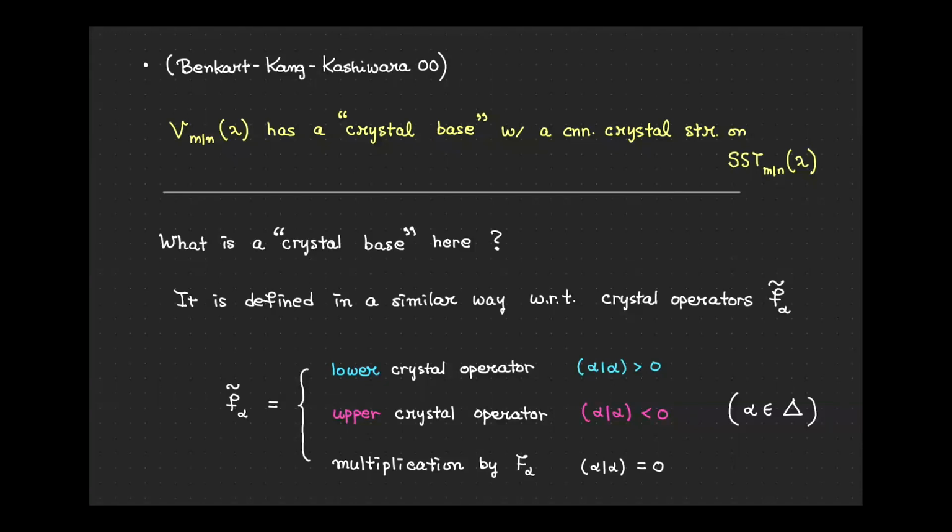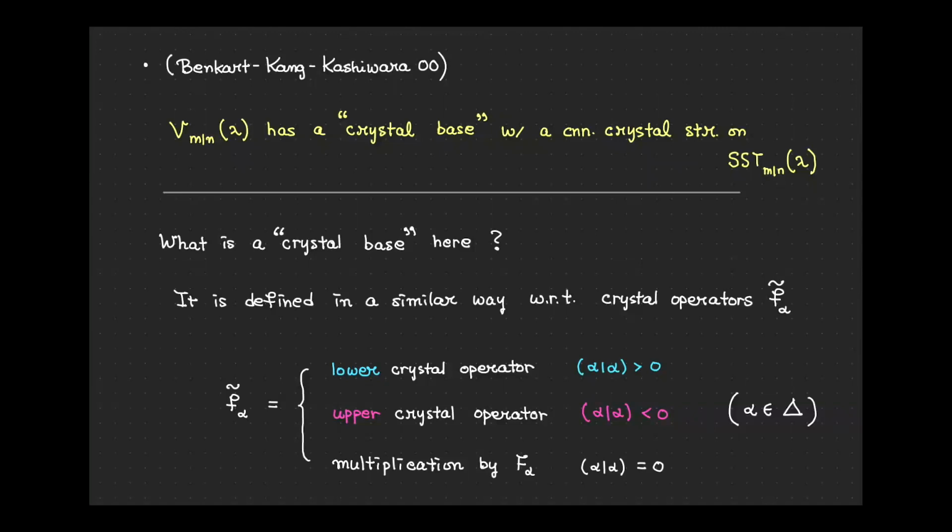It is compatible with the lower co-multiplication. And for the even simple root with a negative norm, we define the crystal operator in this case as an upper crystal one. The upper crystal operator is basically compatible with the upper co-multiplication.